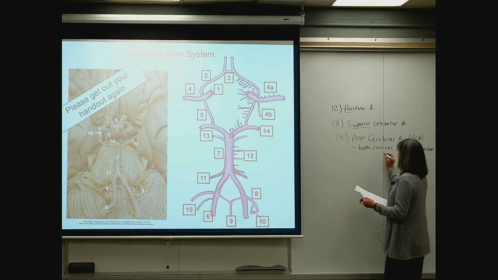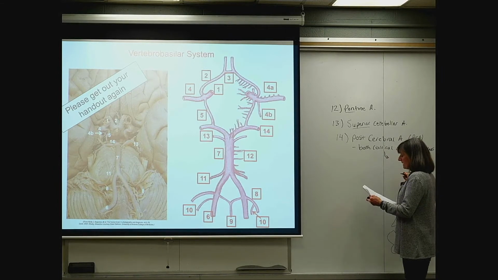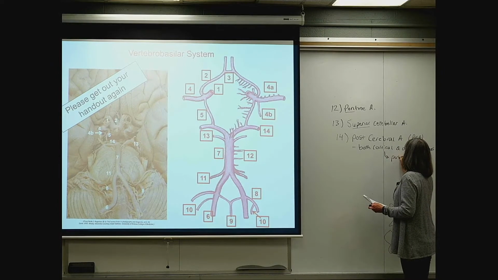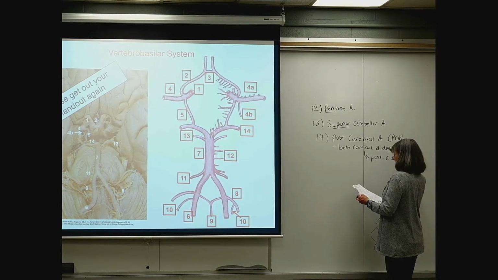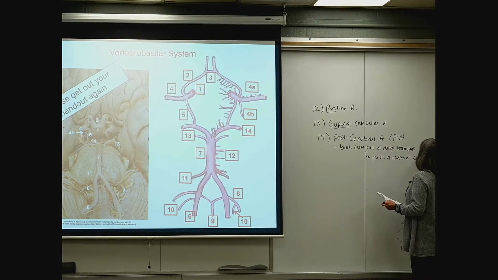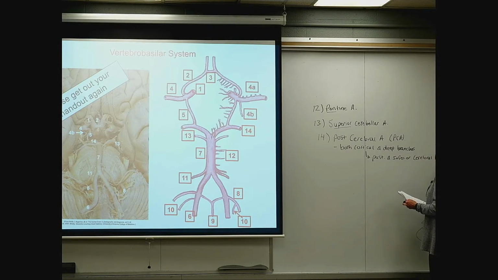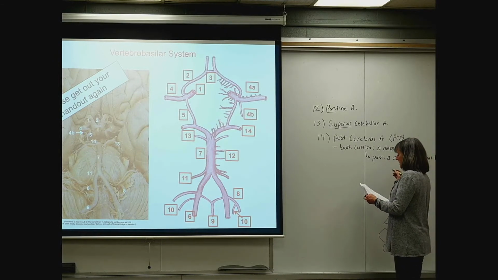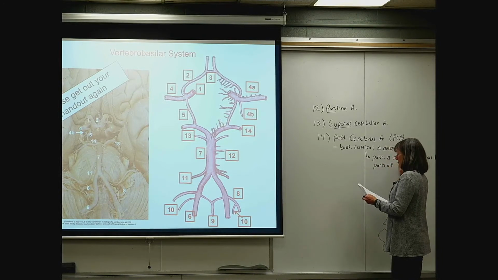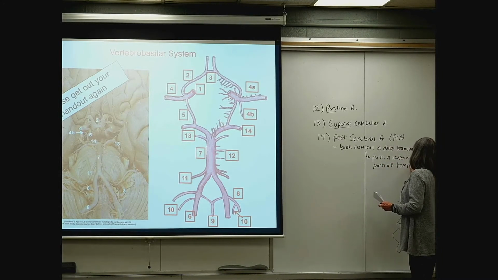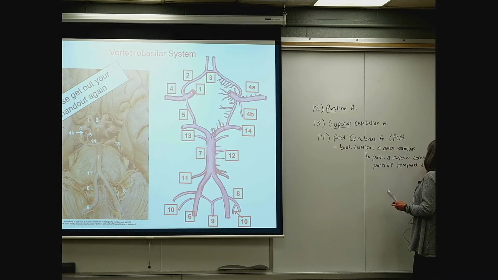So the cortical branches are going to supply posterior and inferior cerebral hemisphere areas, and they're also going to supply parts of temporal and occipital lobes.